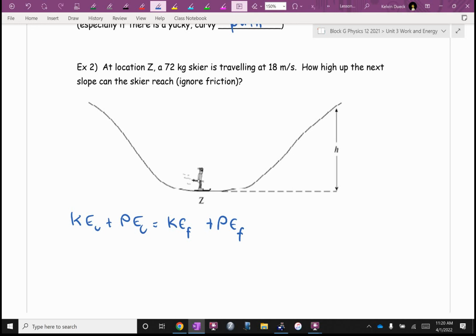Are any of these zero? Potential energy is zero when you're on the... Oh, you know what? Let's put a little initial there, and I think final is right there. Yes? Potential energy is zero when you're on the ground. Are we ever on the ground? Where? Yeah, PEI. Come on.